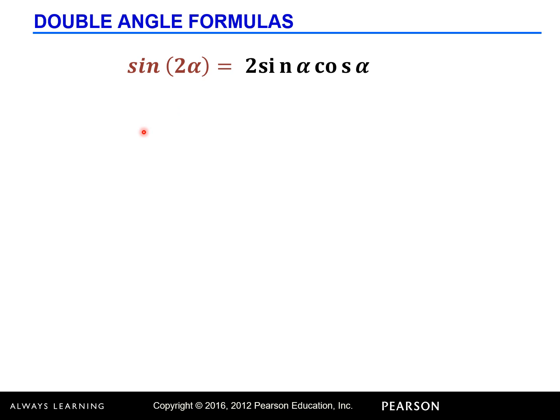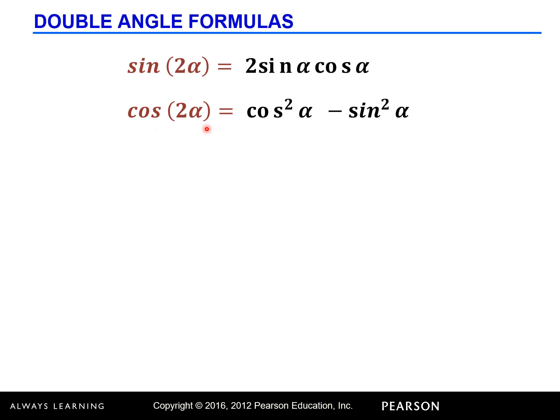So for cosine 2 alpha, we have cosine squared alpha minus sine squared alpha. You can easily memorize the double angle for cosine because this is related to the Pythagorean identity. Remember, when this is plus, cosine squared alpha plus sine squared alpha is equal to 1. So when this is a minus, starting with cosine squared alpha, that is the double angle for cosine.